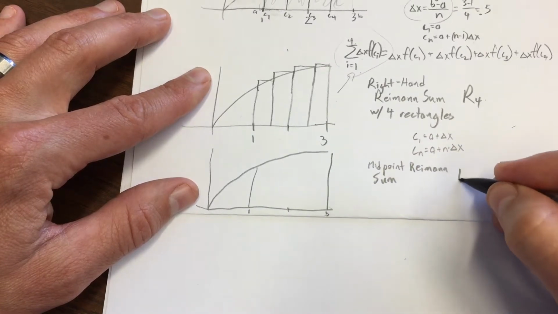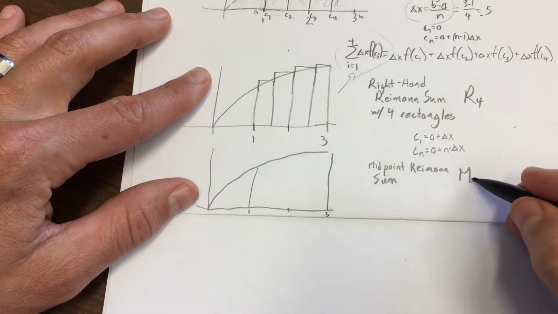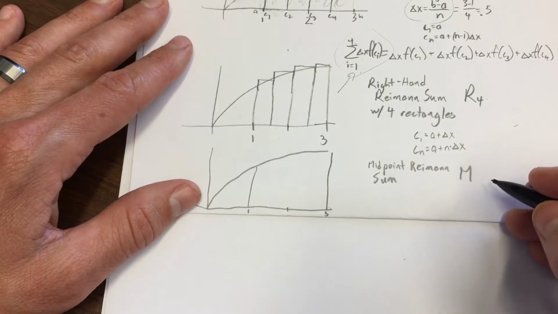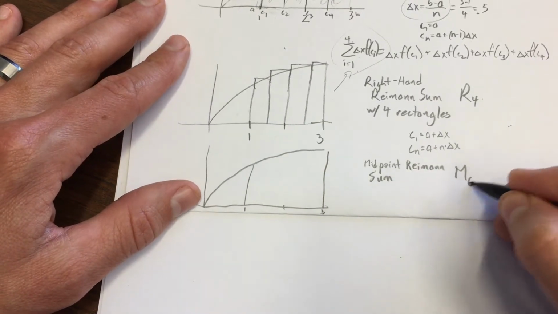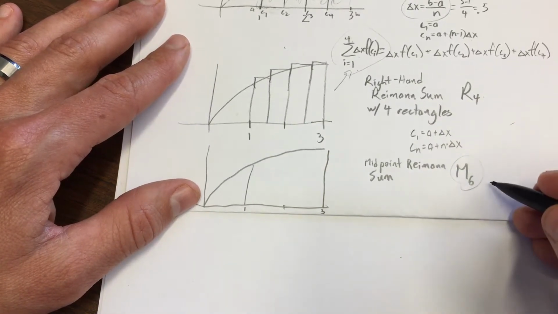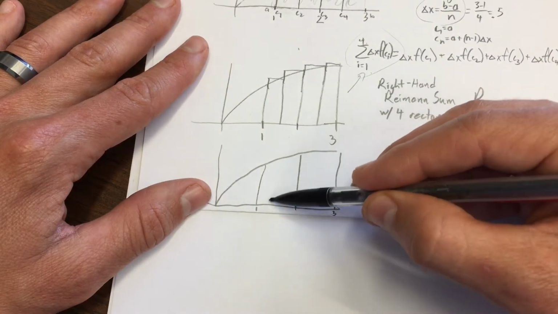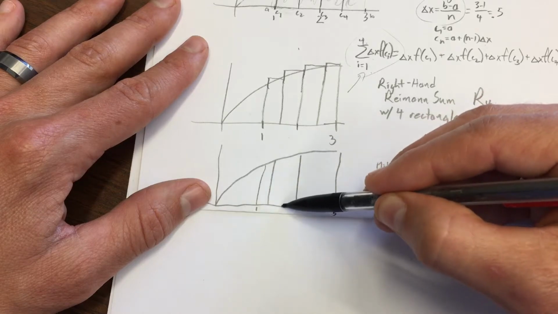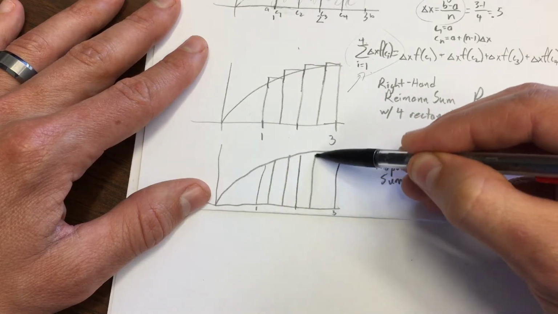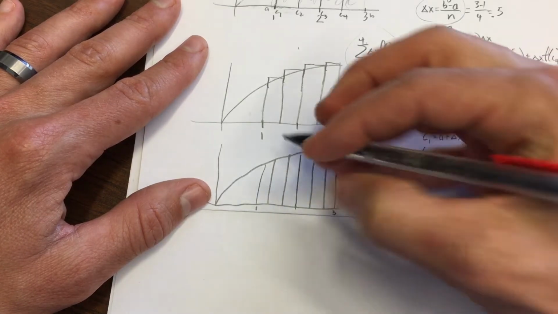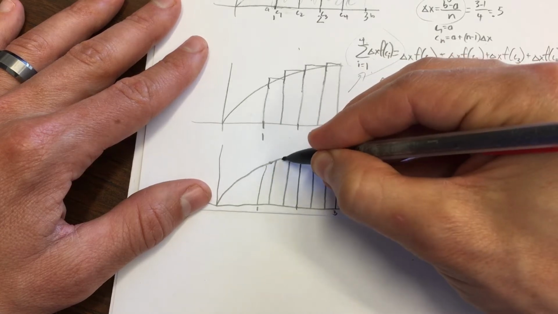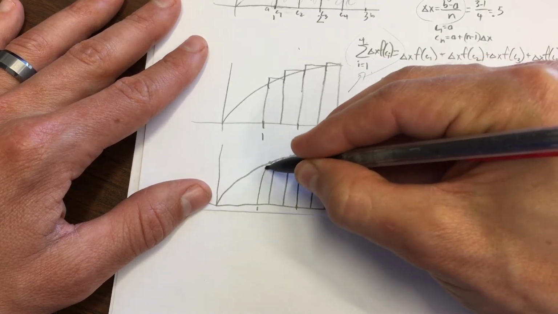And again, we use an M, and then if we want 4, we put in 4. I'm sort of tired of 4. Let's do 6. A midpoint Riemann sum with 6 means I've got to get 6 rectangles. So let's see. There's 3 more. And just to be clear, I'm going to take the height at the middle of each of these.